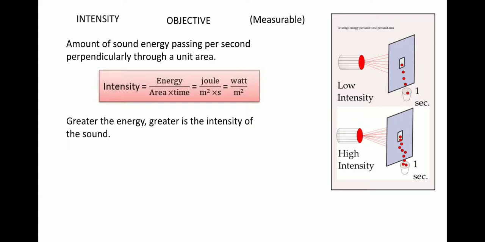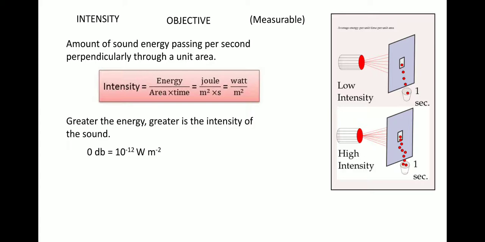Now how much is 0 decibel? 0 decibel is the amount of sound energy that has 10 to the power minus 12 watt per meter squared. So 0 decibel is that much amount of sound. Just remember the value: 0 decibel is equal to 10 to the power minus 12 watt per meter squared.